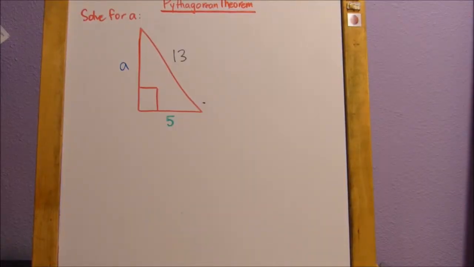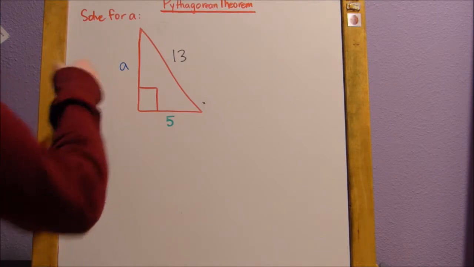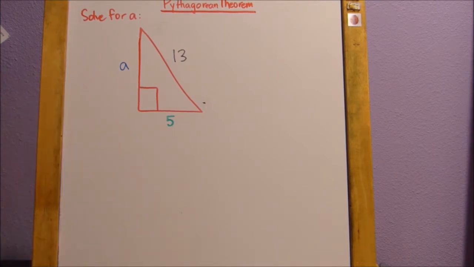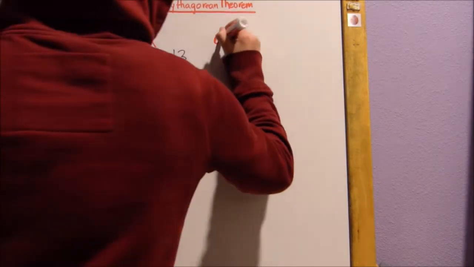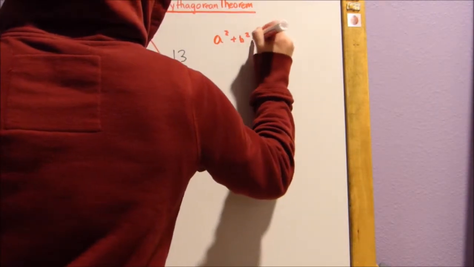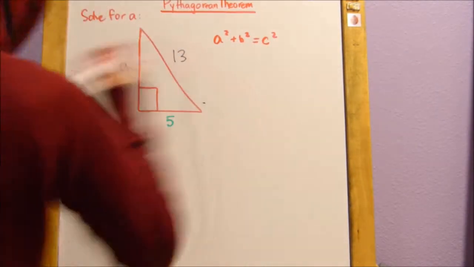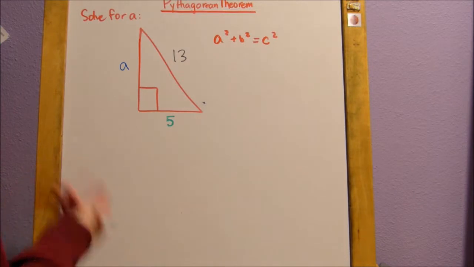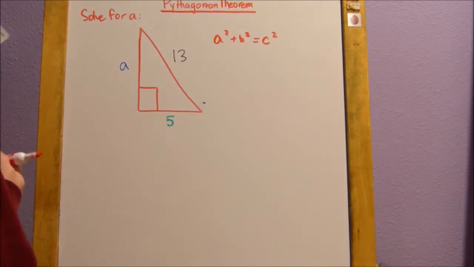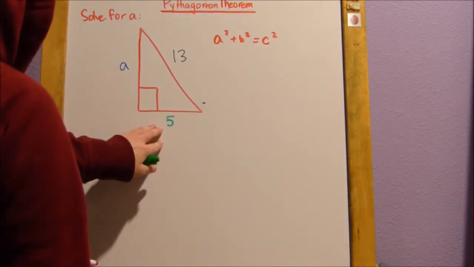Okay, so now let's do an example problem. So here we are solving for a. So in this case, we're going to have to take the Pythagorean Theorem, which is a squared plus b squared equals c squared, and we're going to have to rewrite it so that we're solving for a, or a squared, right? So here we have b squared.